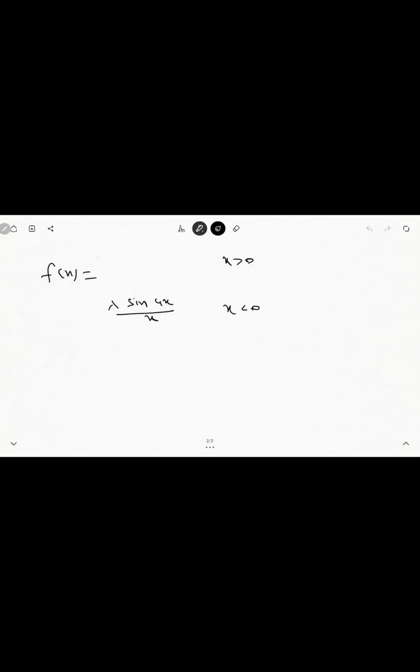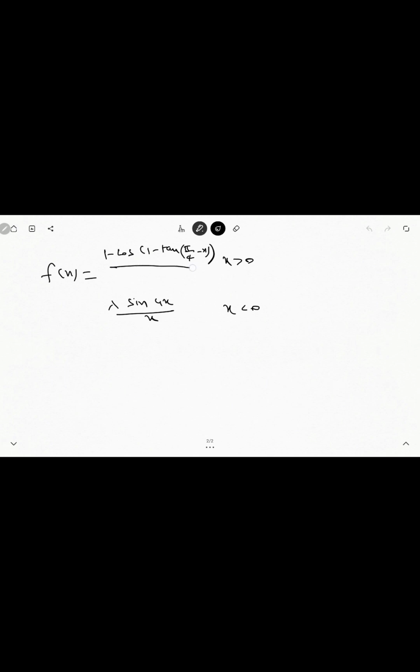So this will be 0, right or not? So only I am having 1 minus cos of 1 minus tan of pi by 4 minus x by, again x plus 1 whole power n is common, so I am having only x square. Hope that you got it.